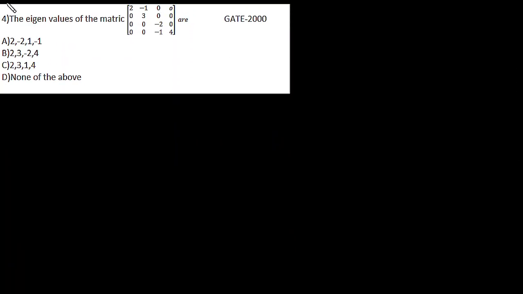Okay. Question 4 says, the eigenvalues of the matrix. Here again they are asking for eigenvalues of this matrix, but here the matrix is 4 cross 4. If we go with the same procedure that we did in the last example, it becomes lengthy and time consuming. So we are going with a shortcut method in case of MCQ.